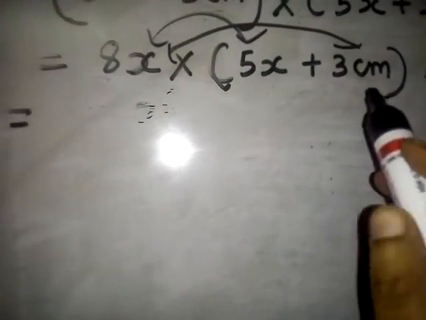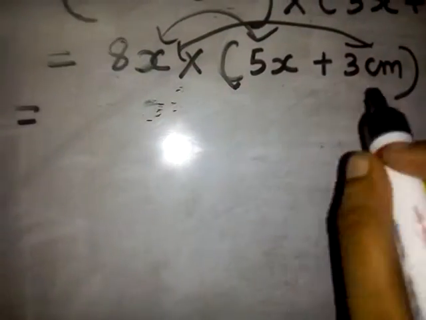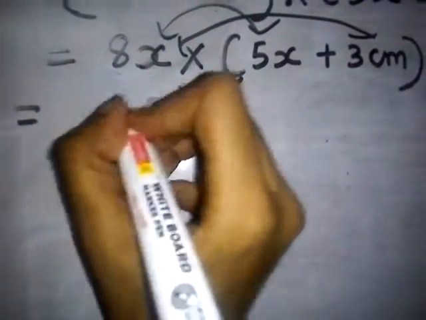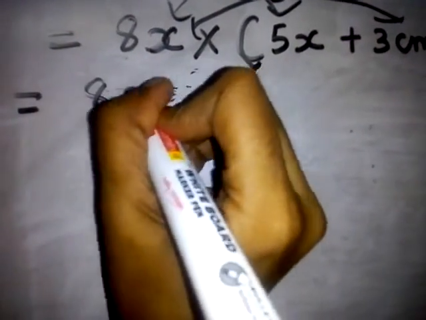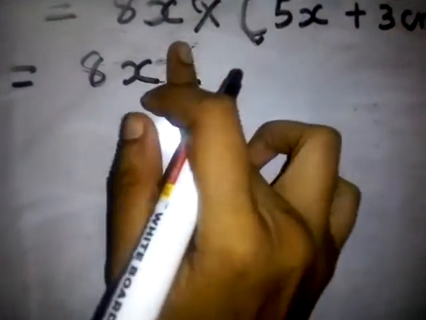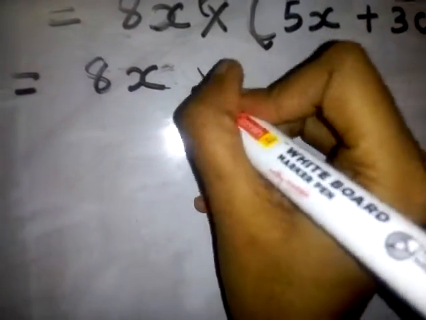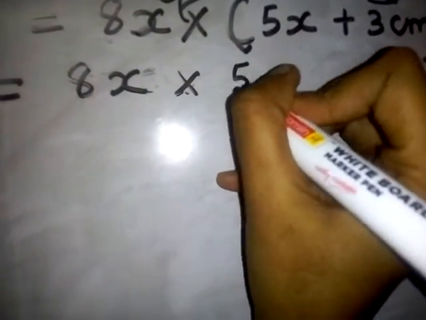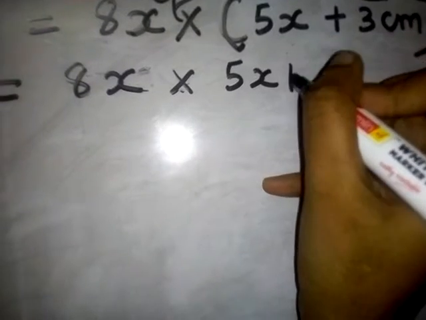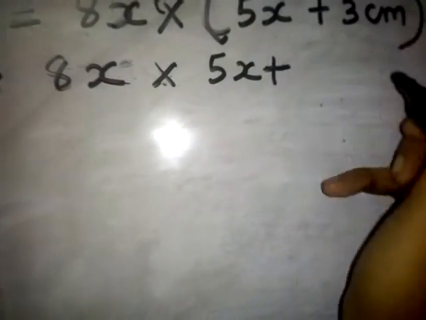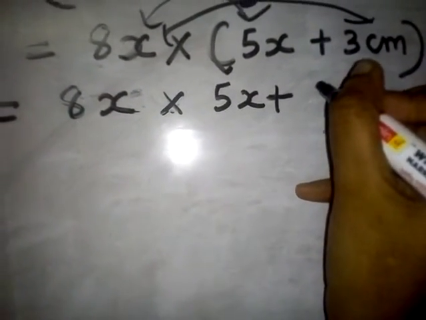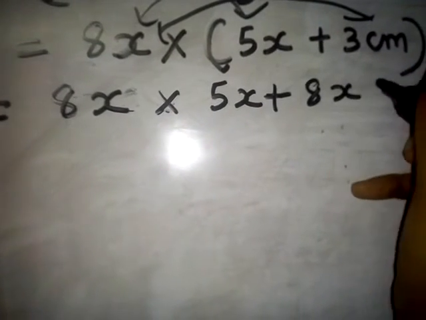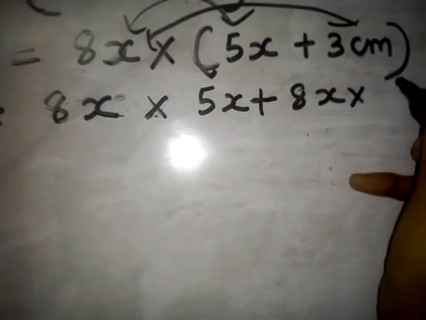A into B plus C formula is A multiplied by B plus A multiplied by C. That is 8x multiply 5x plus 8x multiply by 3.